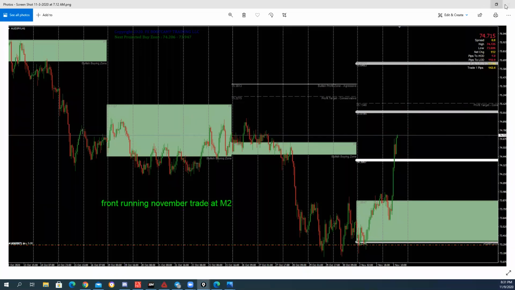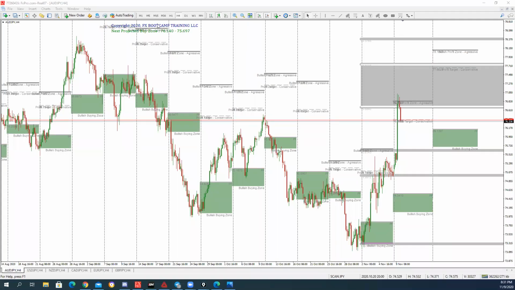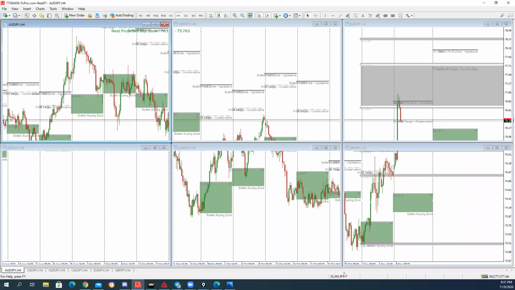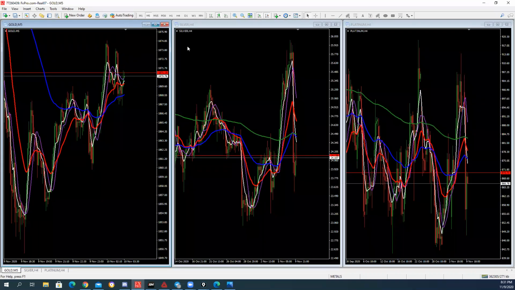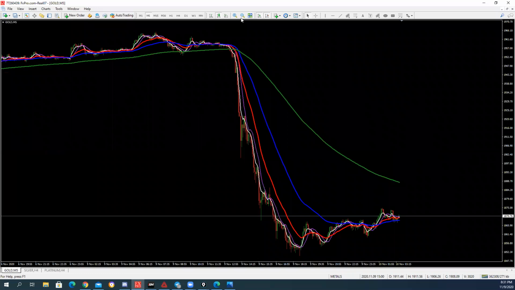Right, so I'll just close that right there and I will take a look into gold. Metals. I haven't changed these out yet.